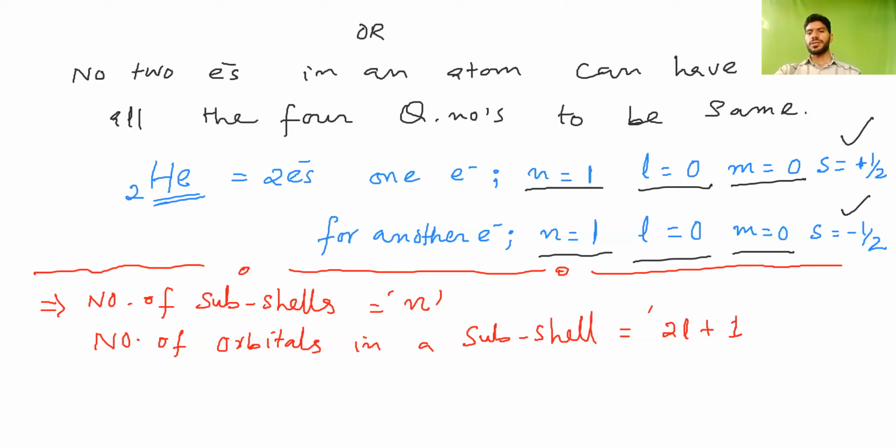So you have to remember this formula. You know the L value. For S, L value is 0. For P, L value is 1, right? For D, L value is 2. I hope you remember that. And similarly, can you tell me the number of electrons in a subshell?